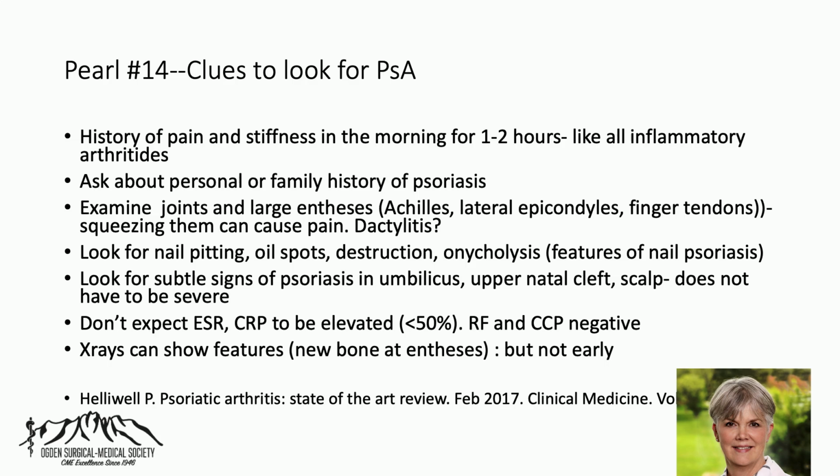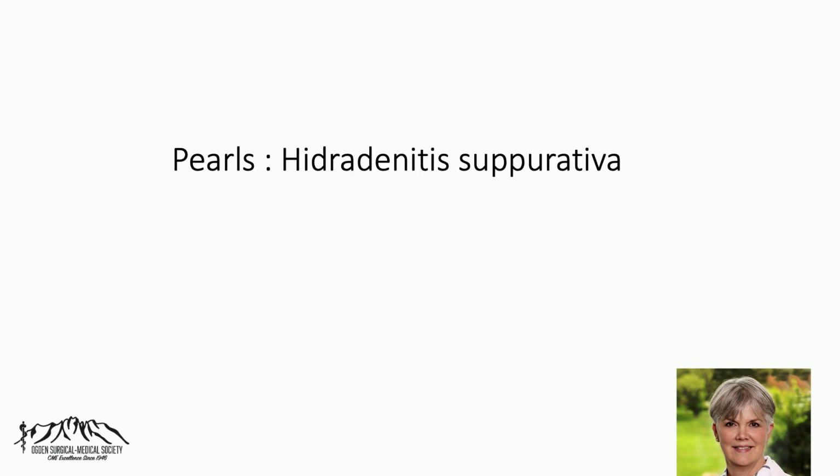Look for nail pitting. It's not universal, but nail pitting and changes in the nails often go along with arthritis and psoriasis. And then look in their umbilicus, their scalp, their natal cleft for little clues to psoriasis. And don't expect labs and x-ray to give you the answer, because they won't. They'll largely be negative, even in a case of a patient being severely affected.